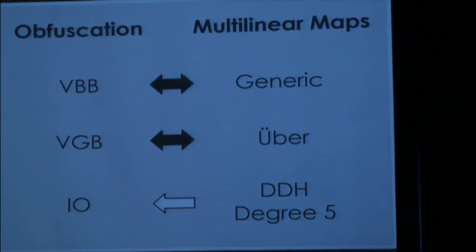VGB is already a definition that we can possibly get in the plain model based on the strong notion of Über security. And I/O is something that we can already get based on much weaker notions, specifically DDH on degree 5 maps. And unlike VBB and VGB, here we don't have any implication in the other direction. And we continue to look for constructions of I/O that can be based on even weaker assumptions.